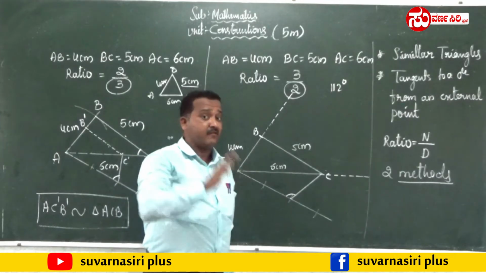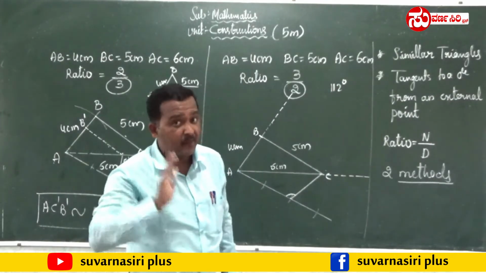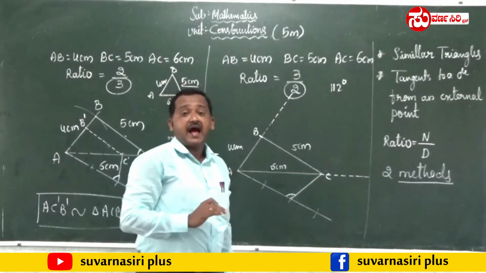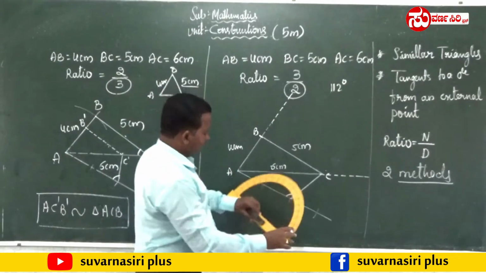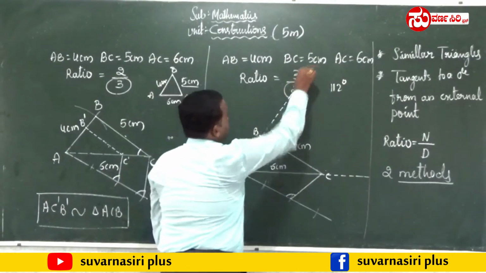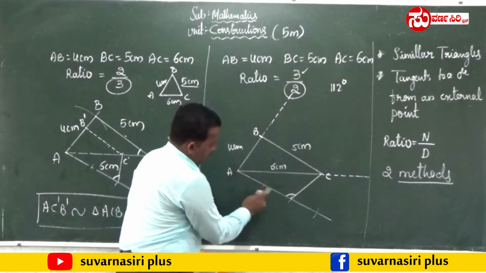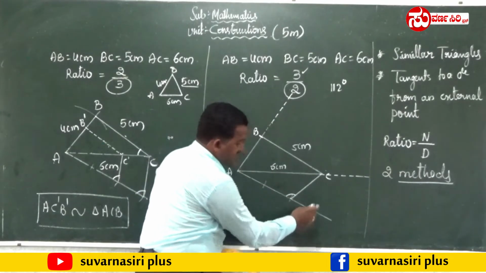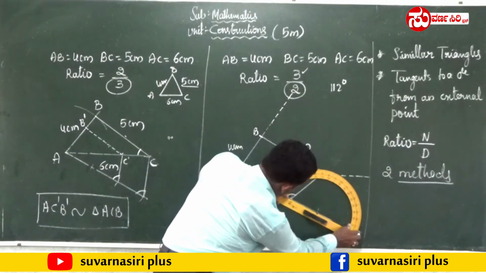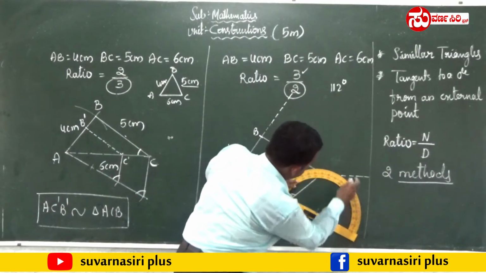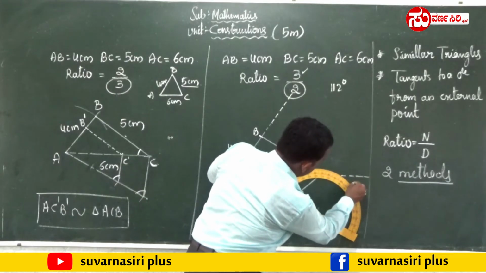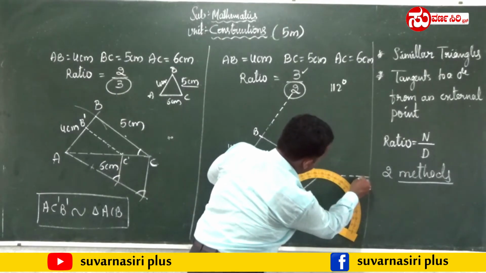In my measurement it is 112, so it will not be the same when you are doing it on your paper. Measure the angle accurately. Then move to the numerator: number 1, number 2, number 3 is here. Keep it here and take the angle, that is 112. It goes here.